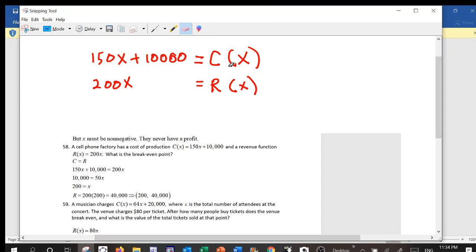Instead of y, we can have c. So I can just erase these and just think of this as y equals that and y equals that. Now we know this y is cost and this y is what? Revenue.